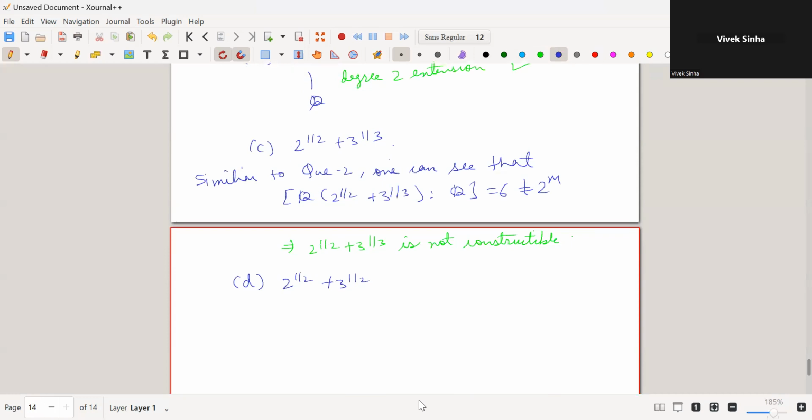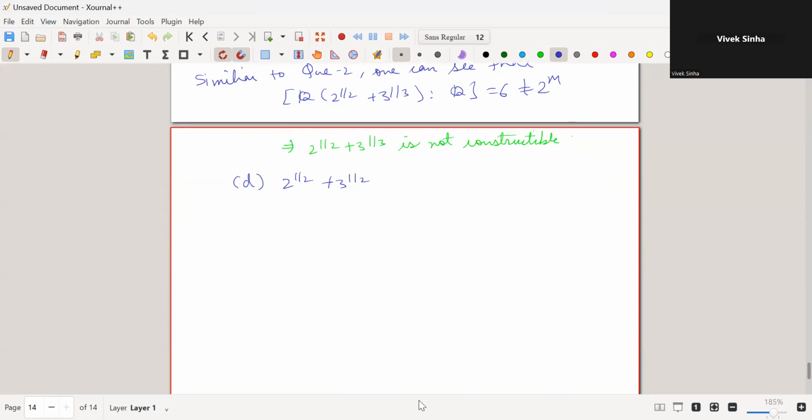We have already seen that Q(2^(1/2) plus 3^(1/2)) as a field is the same as Q(root 2, root 3), which is a degree 2 extension of Q(root 2), and which is a degree 2 extension of Q. So it has degree 2, and this also has degree 2.